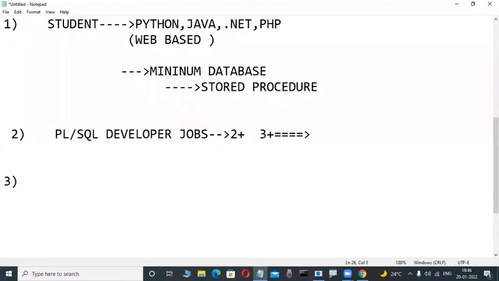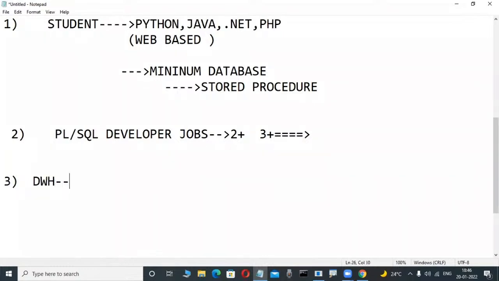Another type of persons: nowadays so many persons don't have very good knowledge of coding, maybe not technical persons, and they want to move into software. In that case, one type of job is there: data warehousing technologies.